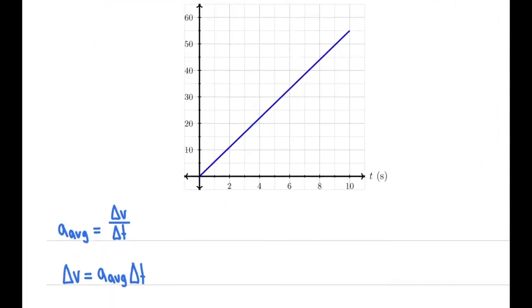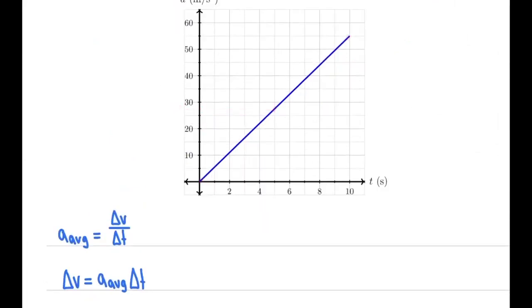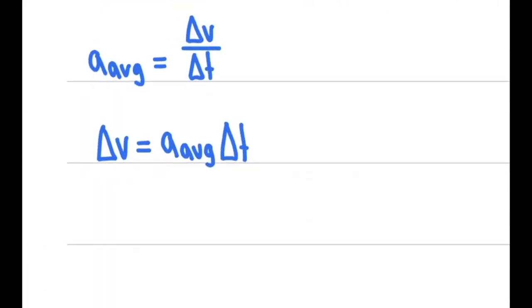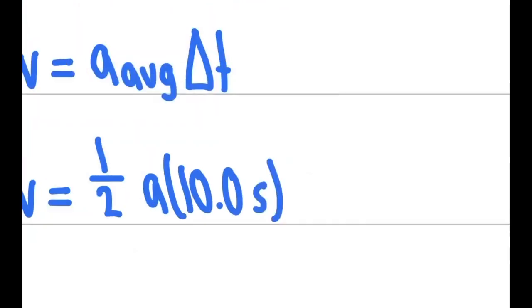Since acceleration is linear, I can just do a1 plus a2 divided by 2. And that will give me average acceleration. A1 right here is 0, so we're just doing a2 divided by 2, really. We're doing 1/2 a2, which is acceleration at 10 seconds, times delta t.